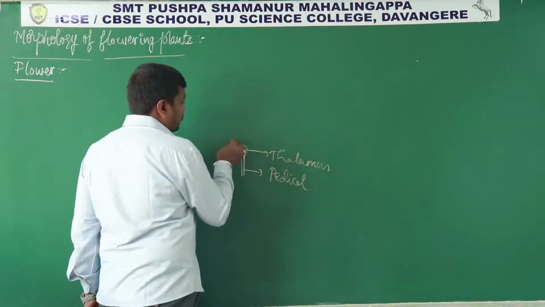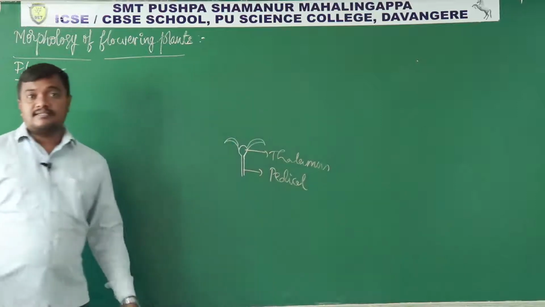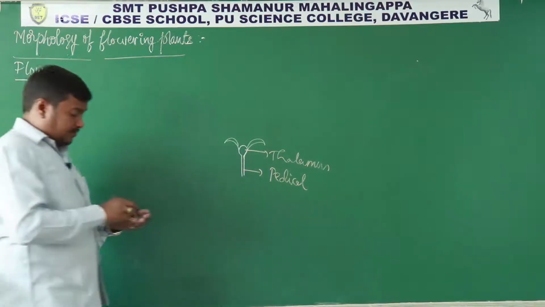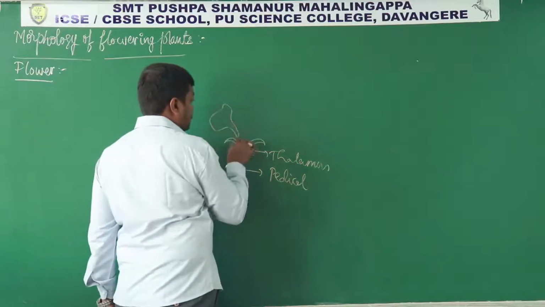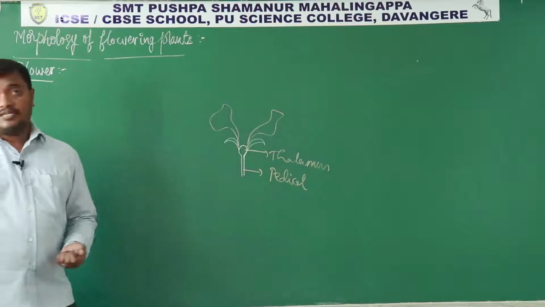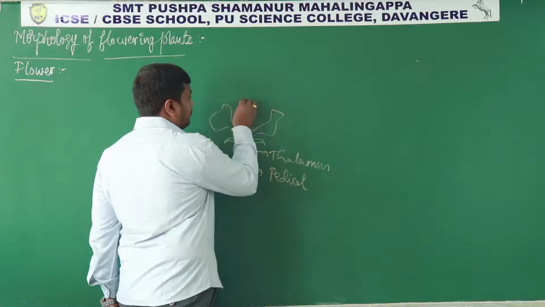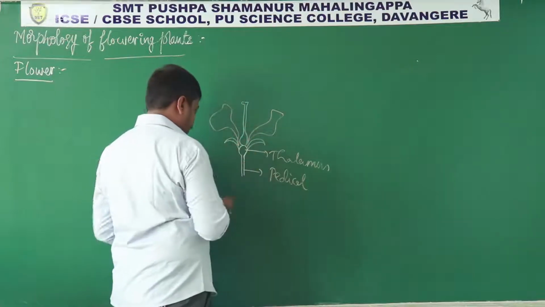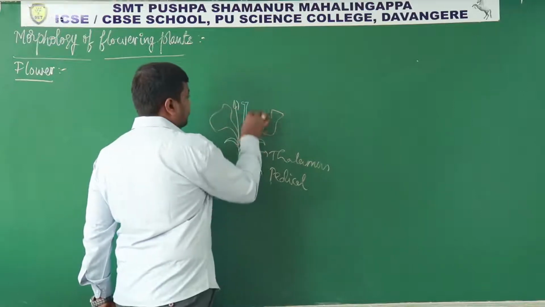This is the thalamus. So on the thalamus, the floral appendages are arranged. The outermost appendage is the green colored one, called the calyx. Then you can find the second whorl called the petals. They are also arranged on the thalamus. And you can find the female reproductive structure, the ovary, and the male reproductive part such as the stamen.